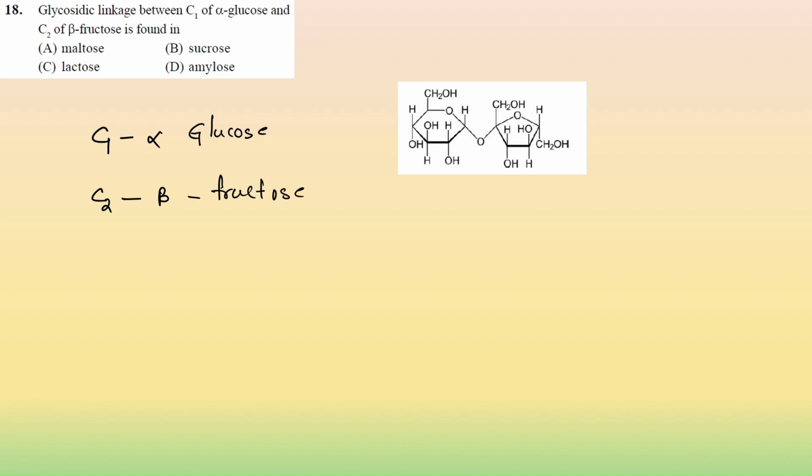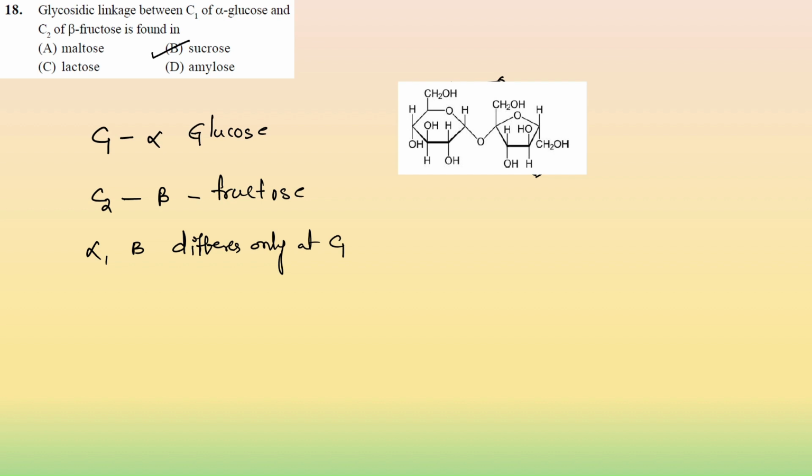Alpha and beta forms differ only at the C1 carbon. So if you see the structure of sucrose, alpha and beta, the answer is sucrose.